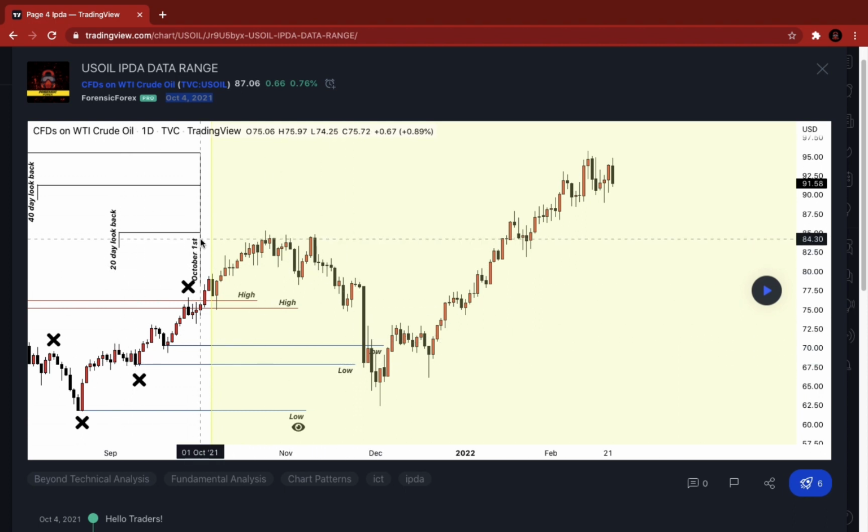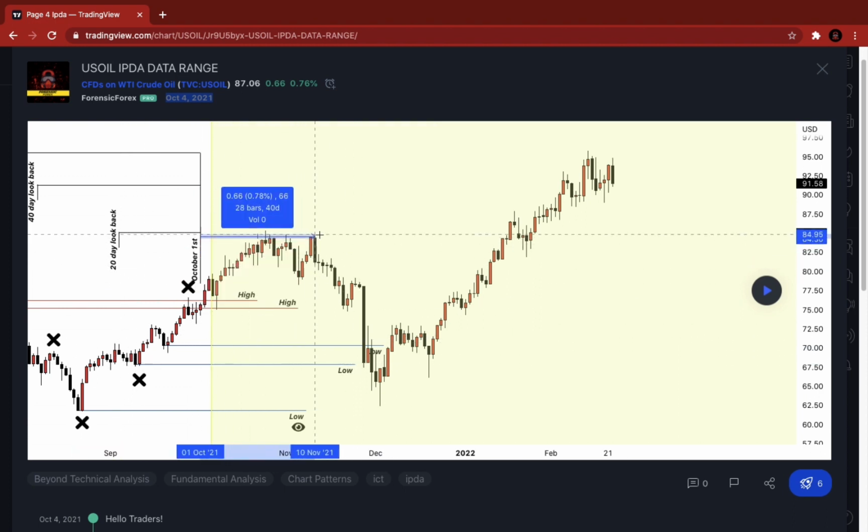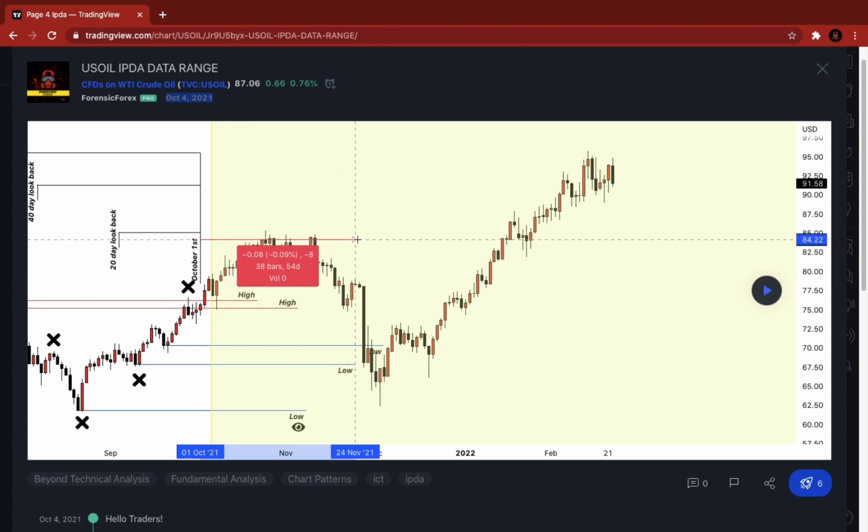And we'll show it one more time. So from there, cast forward 40 days. And you can see how price makes that shift down to take out the sell side liquidity. And then it turns back around, running higher.